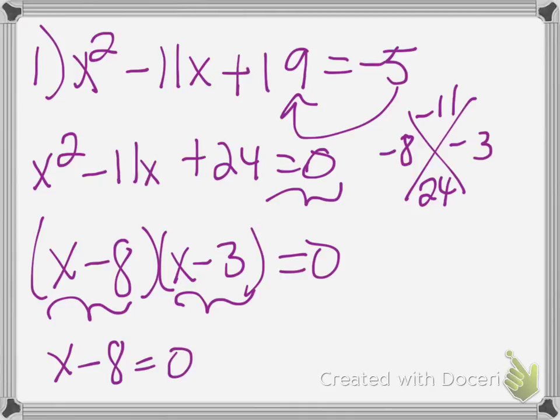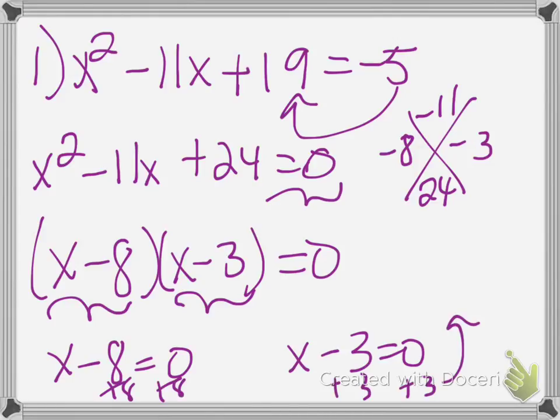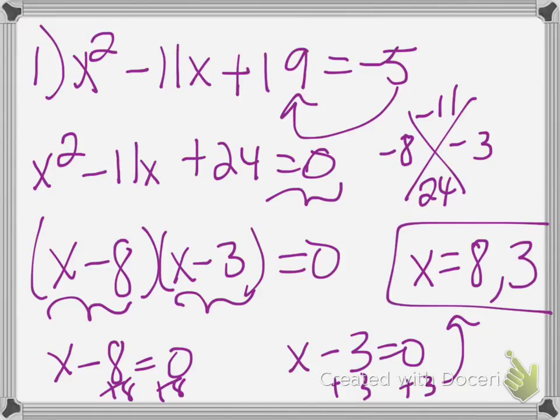So I get x minus 8 equals 0, and x minus 3 equals 0. Okay? So now I need to add 8 to both sides, and add 3 to both sides. So then my final answer, I'm going to get x equals 8, and x equals 3. Okay? So then that is my final answer.